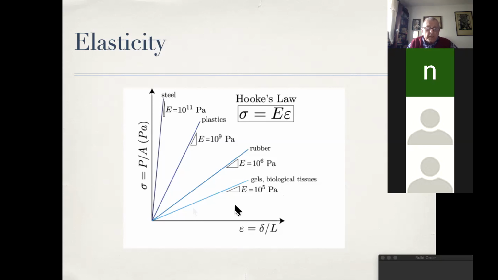But what is happening when we deform the body if the strain becomes larger and larger? Is this law holding up to infinity?